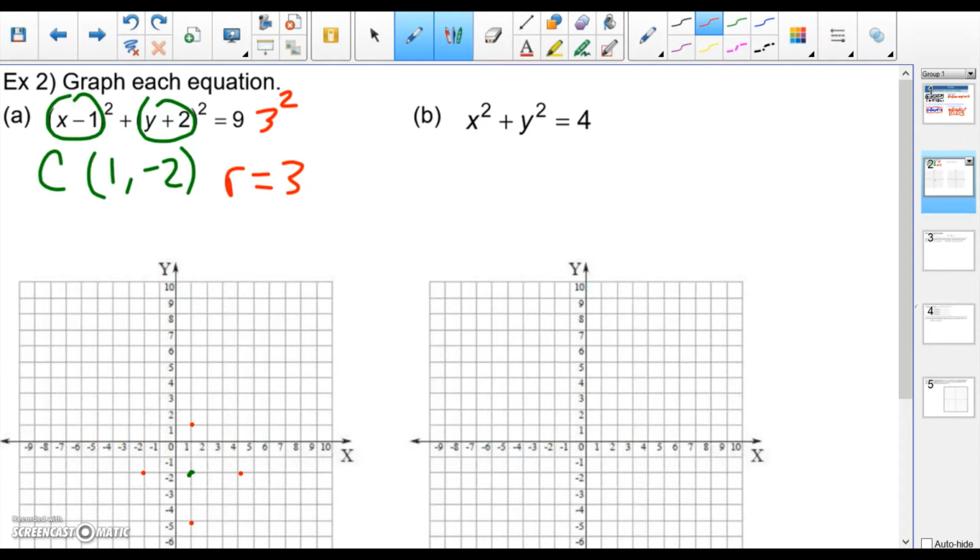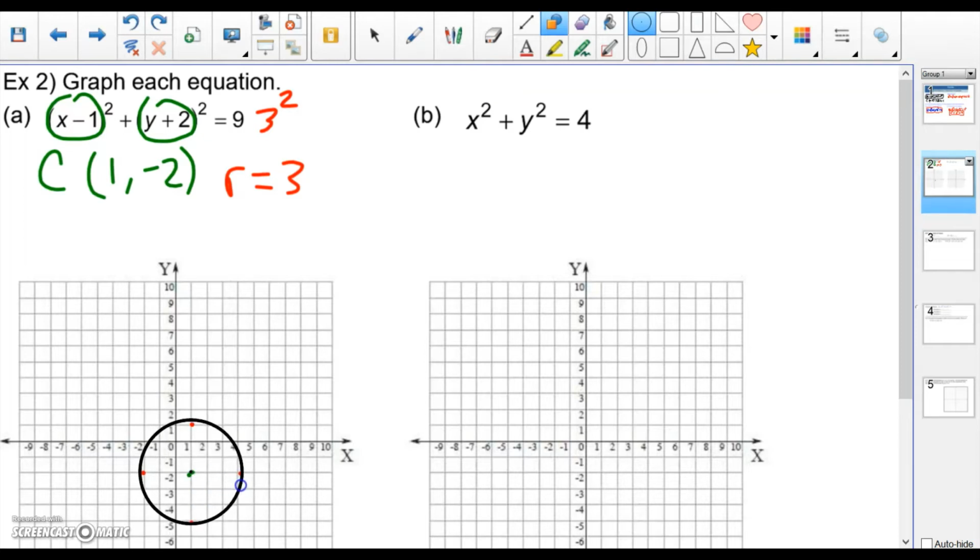As long as you draw a circle that goes through those points, you're going to have a circle of radius 3. So do your best. That's really hard. Let's use the circle tool. Ah, there we go. That's perfect.